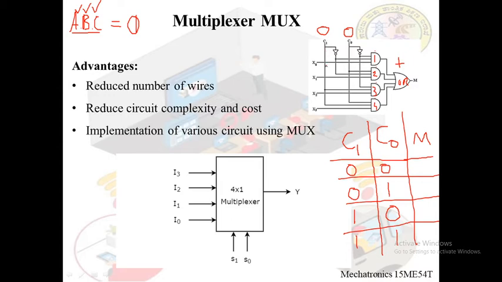C1 is feeding directly to gate number 4 and gate number 3. Therefore, when any one of the inputs is 0, the output will definitely be 0. So there is no output from here and here, because C1 0 is coming directly here. Now C0 is coming directly to gate number 2. So when any one of the inputs is 0, the output is definitely 0.